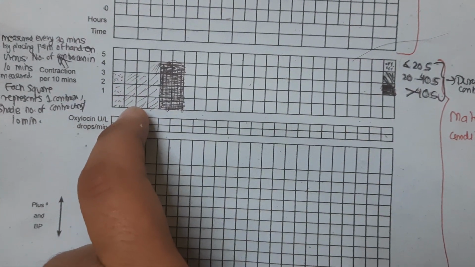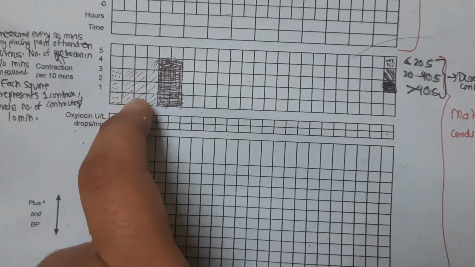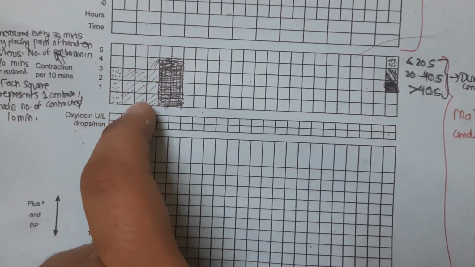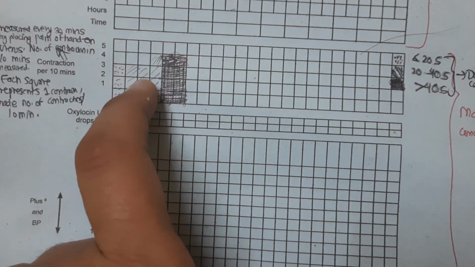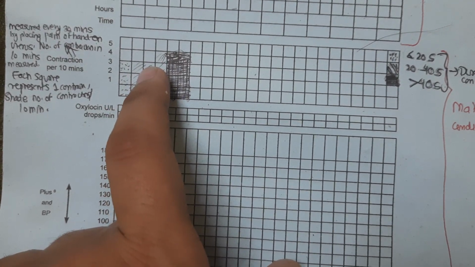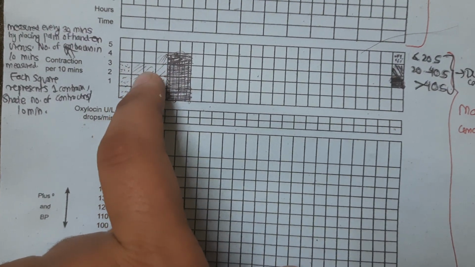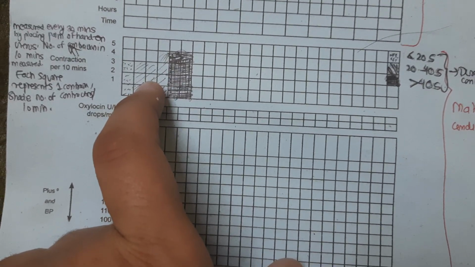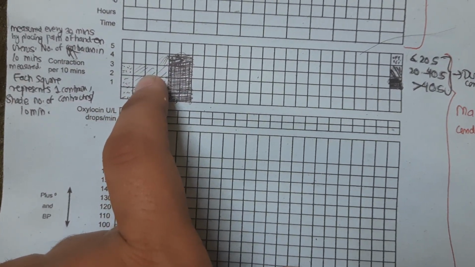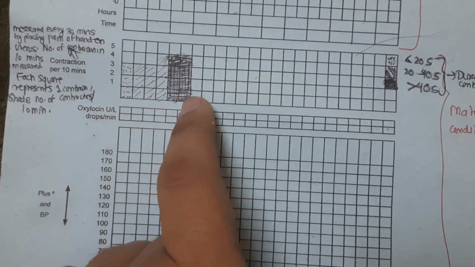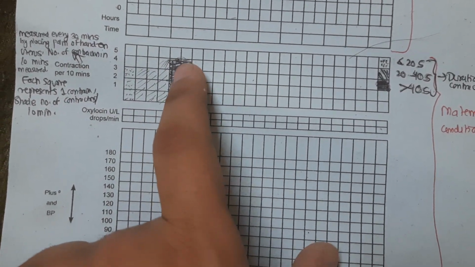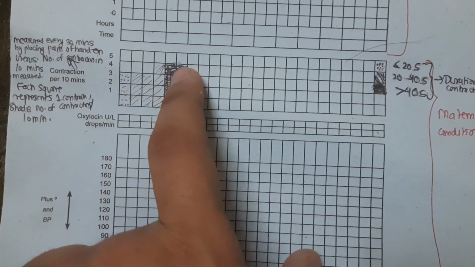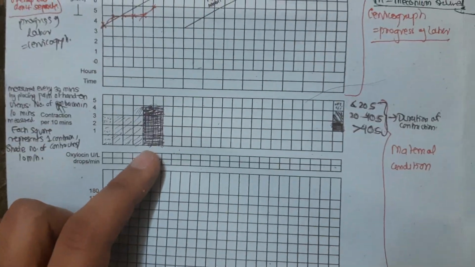Suppose in the next half hour there are 3 contractions in the 10-minute interval of 20 to 40 seconds again. And here we can see this signifies 4 uterine contractions of more than 40 seconds duration. So we have to plot like this.